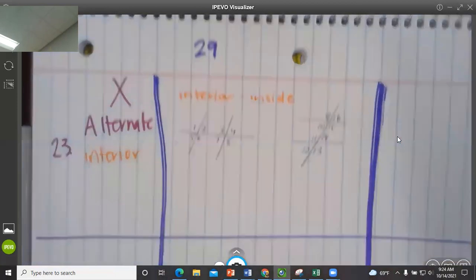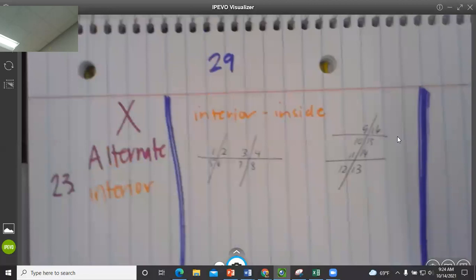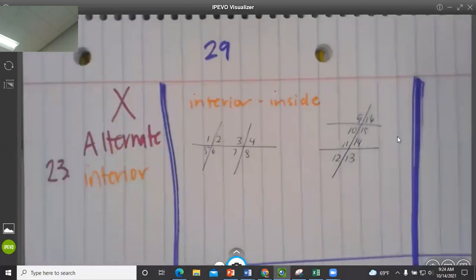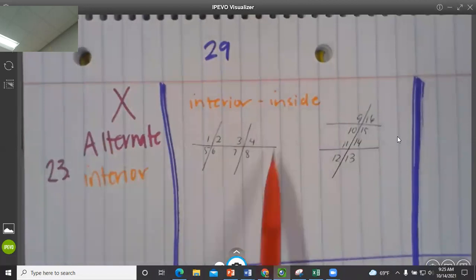It has nothing to do with the numbers right now. So right now it's just where are they? So I'm going to call a couple people. If you could give me an angle in the inside. Tayshawn or Jericho, could you give me an angle right here in the inside between the two lines?